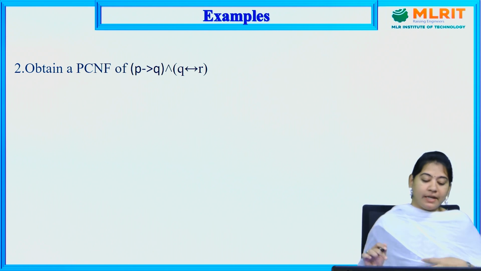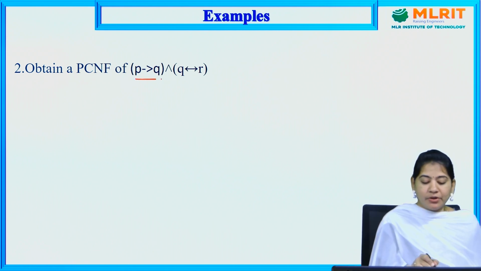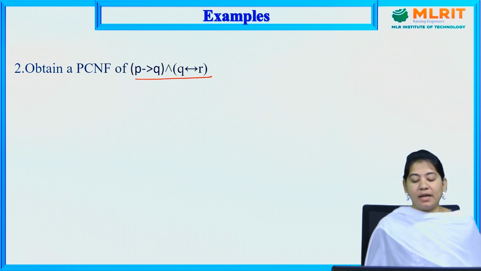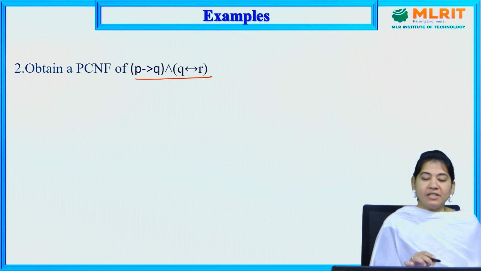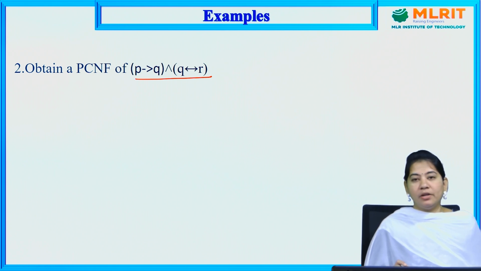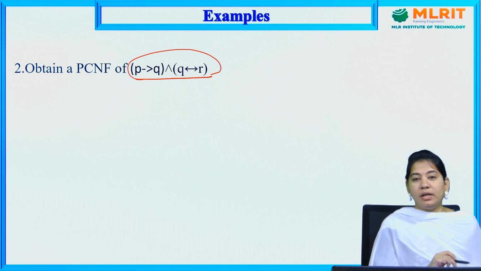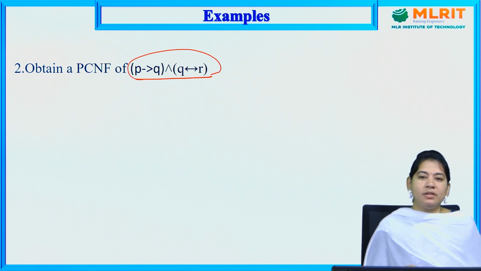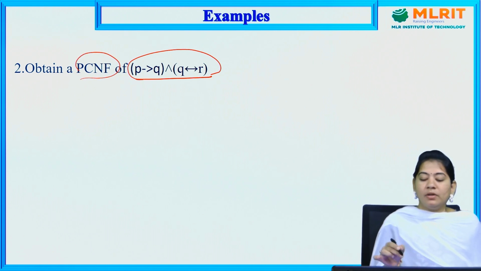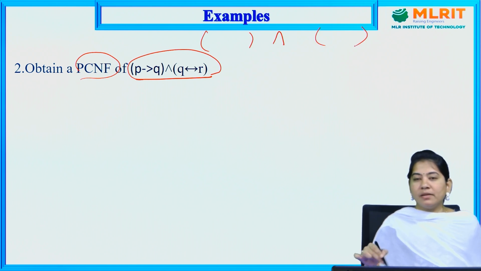Obtain PCNF of P implies Q and Q bi-implies R. So the question is P implies Q and Q bi-implies R. If we observe the question carefully, we have three variables. What is PCNF? You need to get a product of max terms.